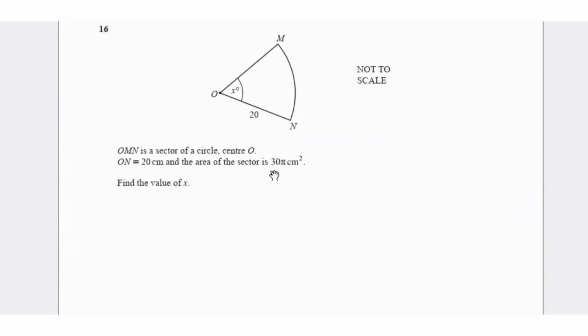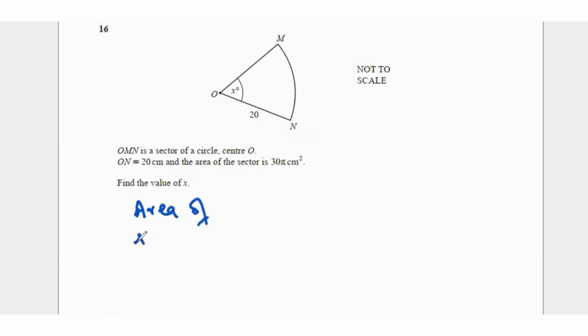Question 16 says, OMN is a sector of a circle center O. ON is equal to 20, and the area of the sector is given as 30 pi centimeters squared. You have to find the value of x, which is the angle of the sector.